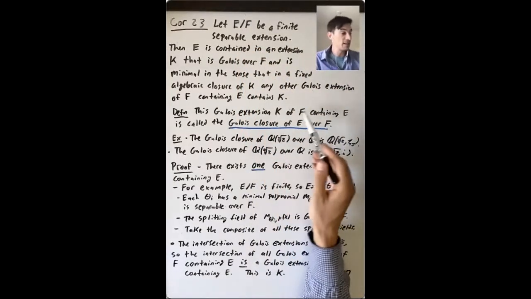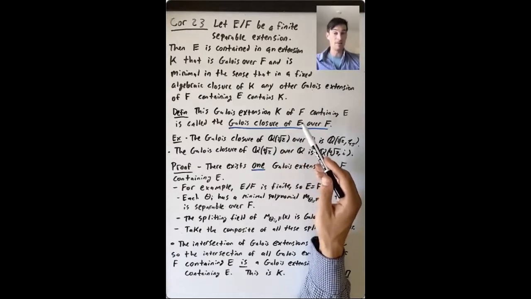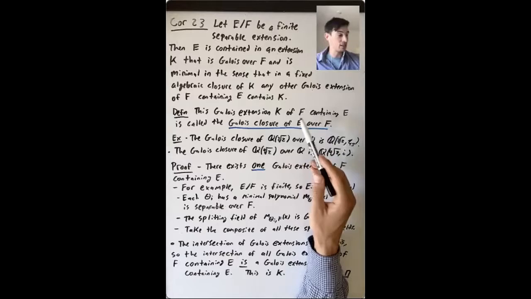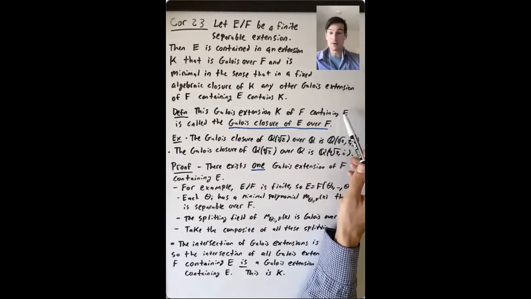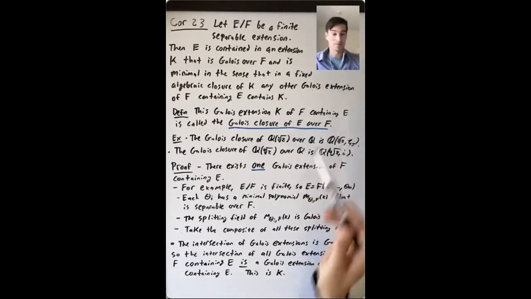But you can instead take the Galois closure, and then you can look at the correspondence between subgroups of the Galois group of the Galois closure and subfields of the Galois closure containing F. And this field, E, is going to occur somewhere in that correspondence.